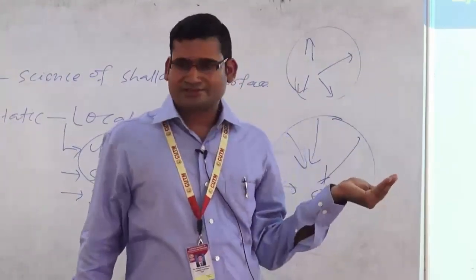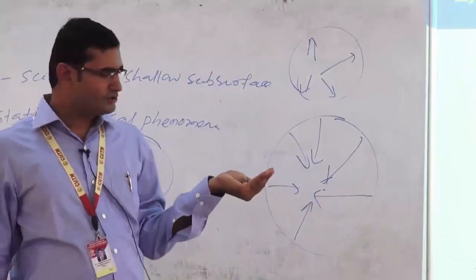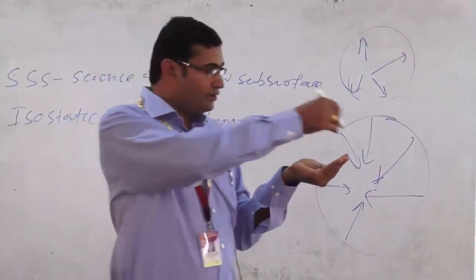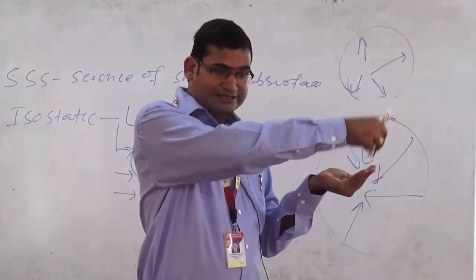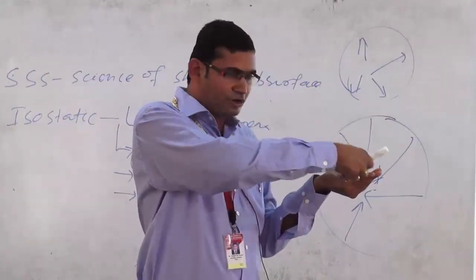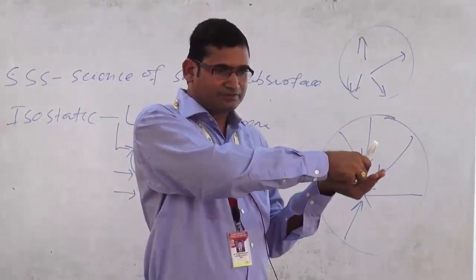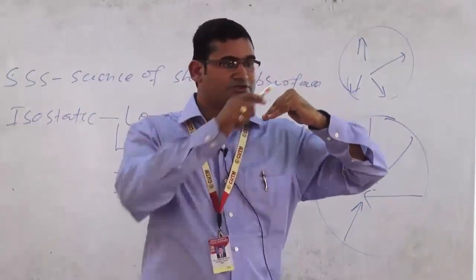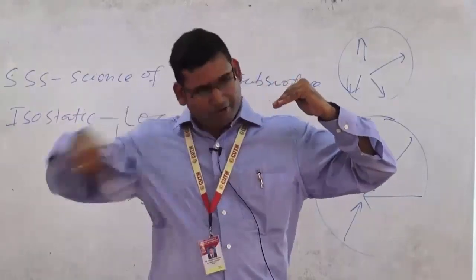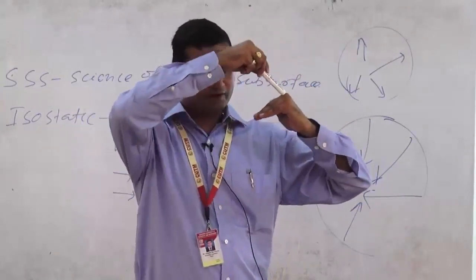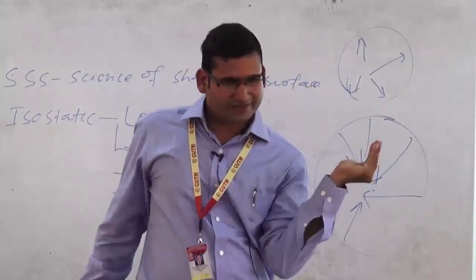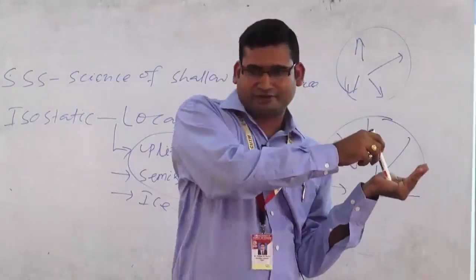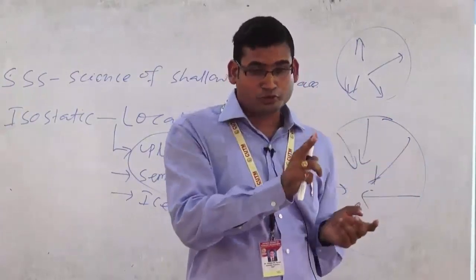But in the case of basins, the saucer shape or whatever it may be, some geological terms, whenever the drainages come, they will come towards the center. In the case of a dome or ridge structure, the drainage lines go away from the center. If we put water, it will go away from this center. But in a basin, if we put water, it will go towards the center. Okay, these are two structures.